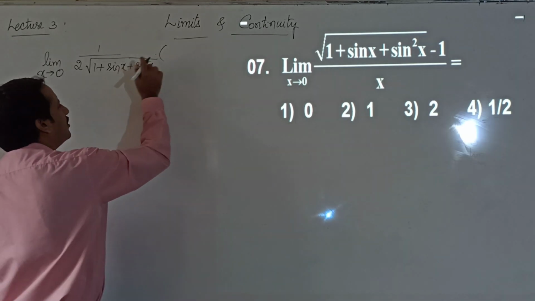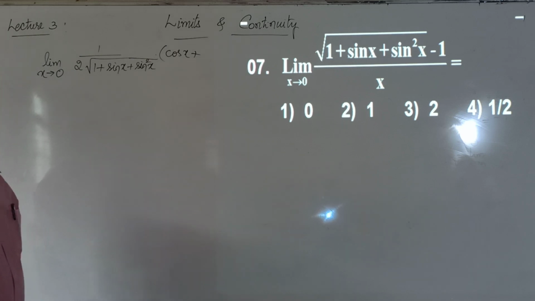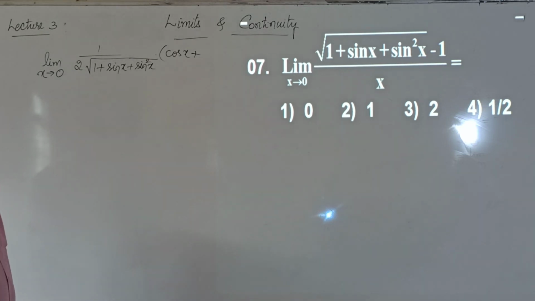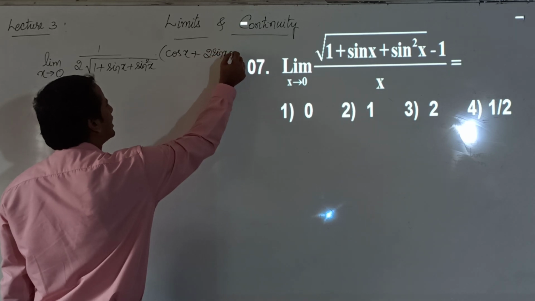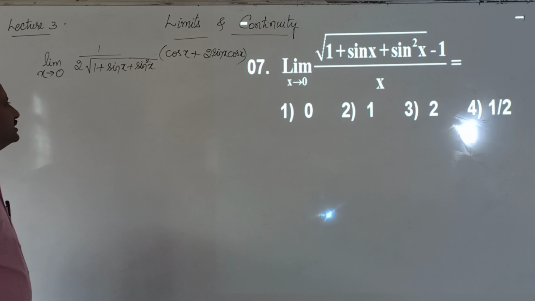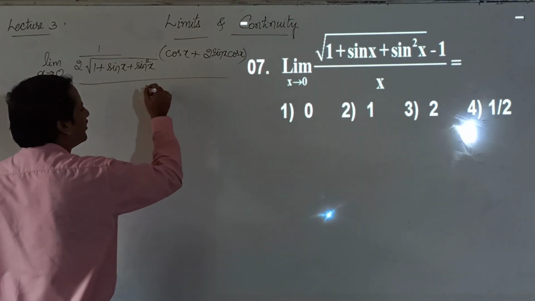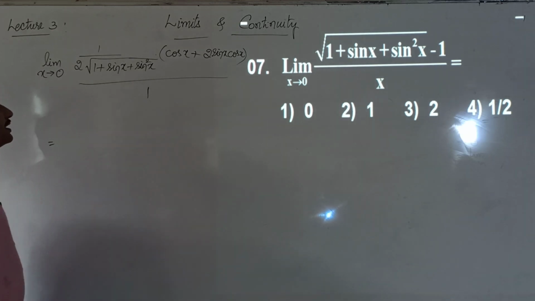Derivative of 1 is 0, derivative of sin x is cos x, plus now the derivative of sin square x is 2 sin x into cos x. Okay, minus 1, the derivative of 1 is 0, divided by, in the denominator, the derivative of x, which is equal to 1. Now put x as 0.